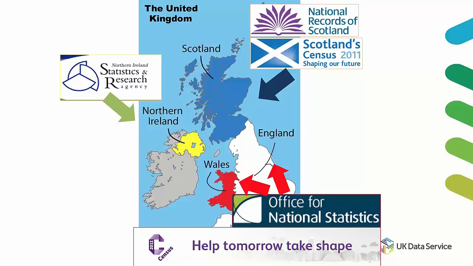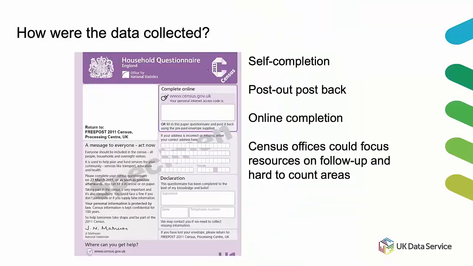However, a lot of effort is put into making the outputs as harmonised as possible, and we at the UK Data Service have put in a lot of time to create a UK census output. So if you were around in 2011, this would have come through your door. We've been collecting a census since 1841, and it's normally self-completion.